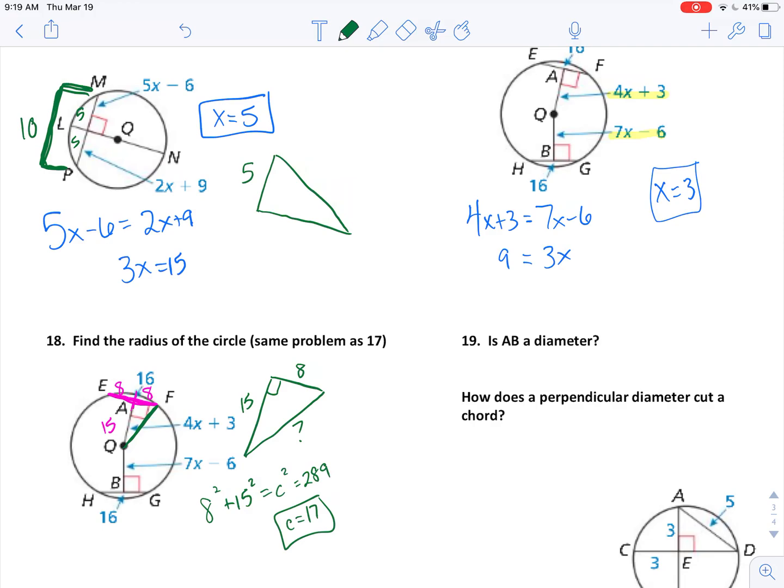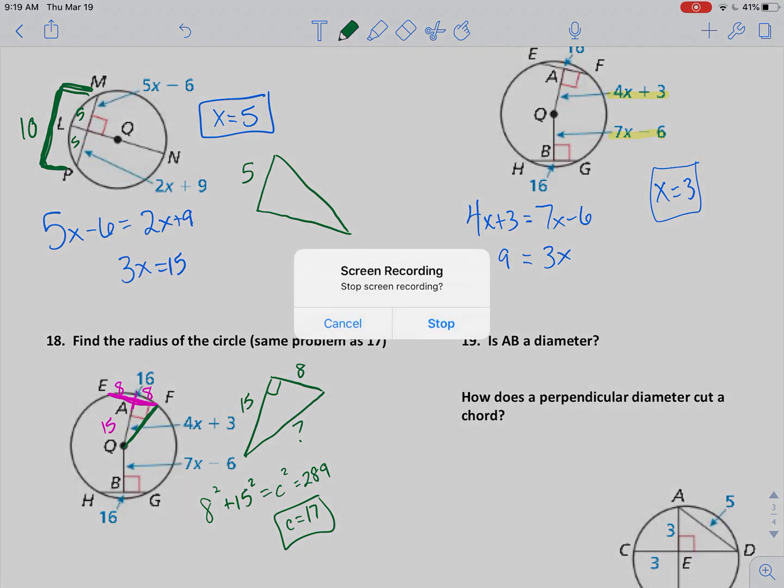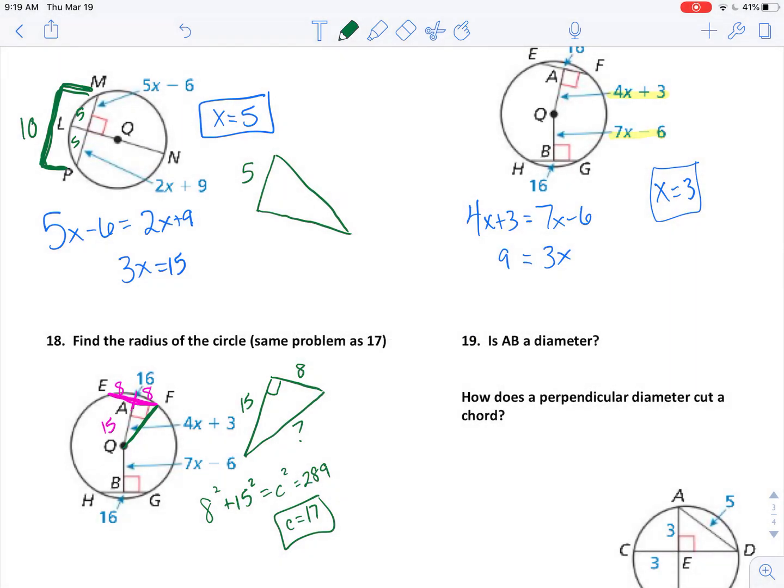Each part must be 5. You know, let's say this part is 10. So 10, and let's plug in 5 for x. 25 minus 6 is 19.